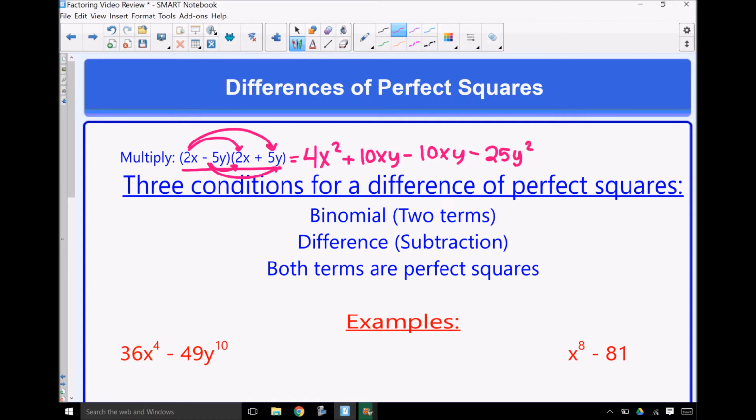And then what ends up happening is this term and this term are identical except for their signs, so they're inverses of each other actually. They cancel each other out. We end up getting 0. There's no middle term there at all, and I end up getting 4x squared minus 25y squared.